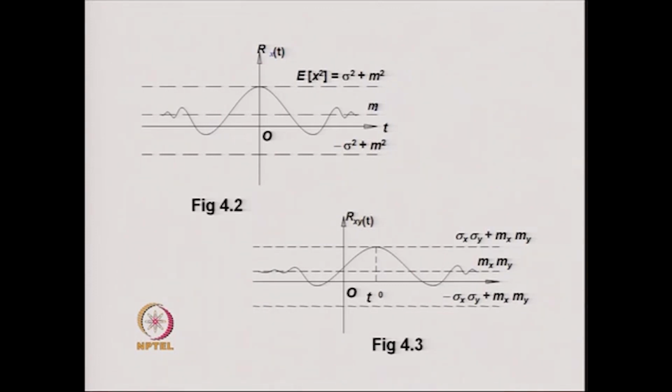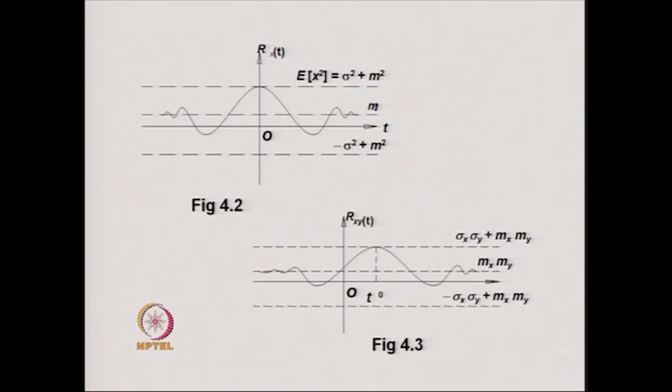Unlike the case of the autocorrelation function, Rxy(tau) does not become maximum at tau equal to 0, but at some other value of tau, that is tau equal to tau 0, and the maximum value is equal to sigma x multiplied by sigma y plus mx into my, where sigma x is the standard deviation of the random process x and sigma y is the standard deviation for the random process y, and mx and my are the corresponding mean values.